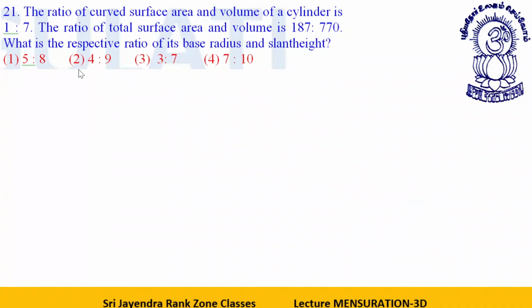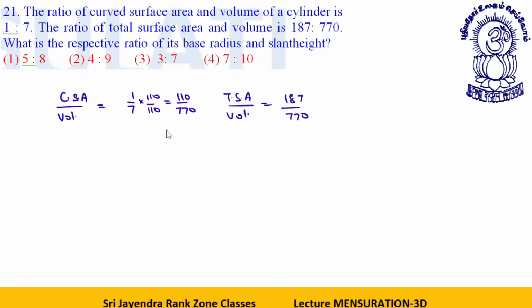The ratio of CSA upon volume is what? 1 by 7. Then the ratio of TSA upon volume is what? 187 by 770. Let me make the denominator same. So I multiply this by 110, and this becomes 110 by 770.